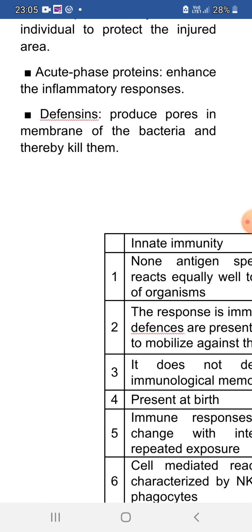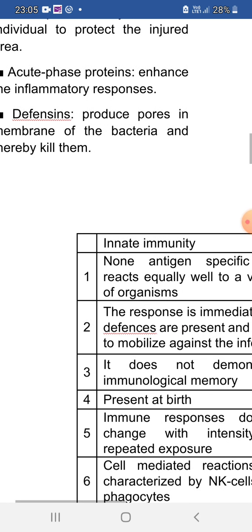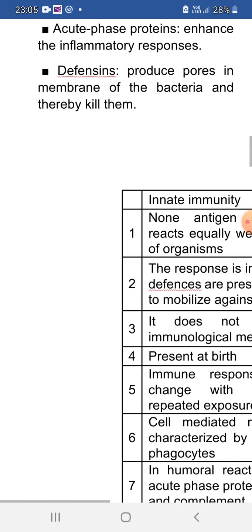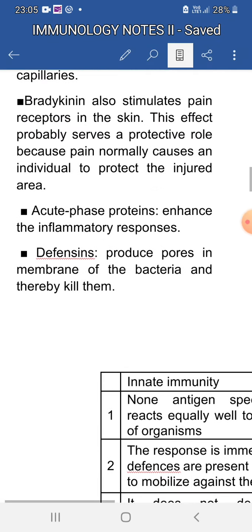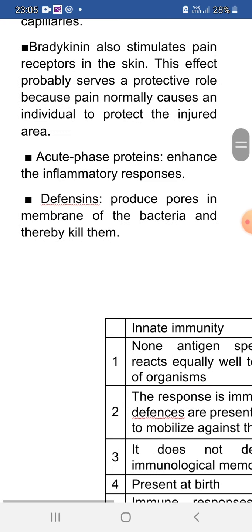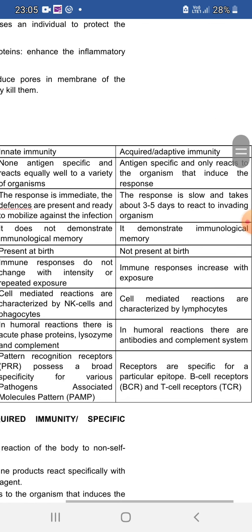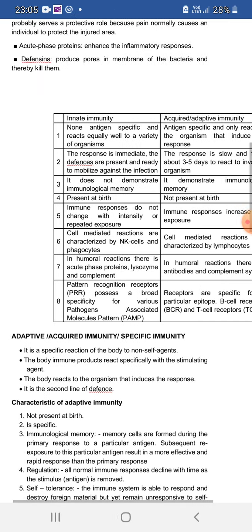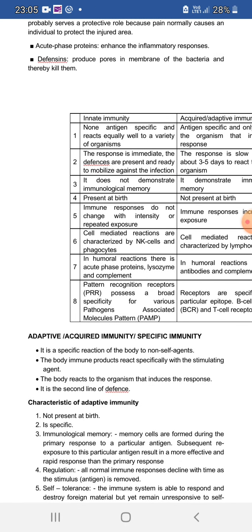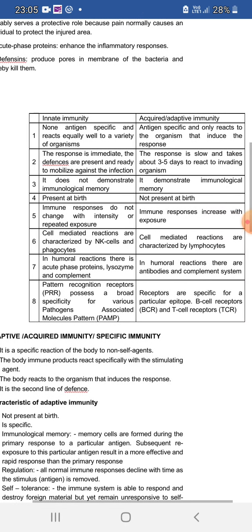Once we have looked at inflammation, we can now look at the difference between innate immunity and adaptive immunity.